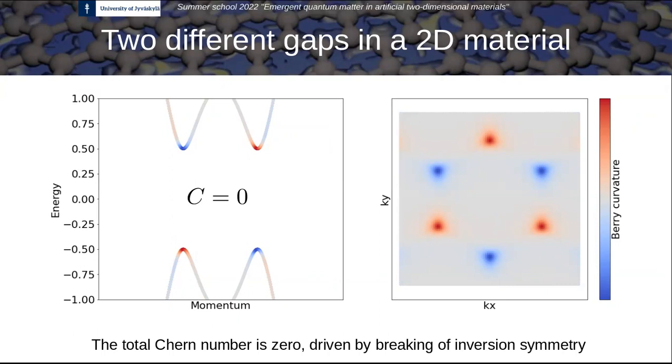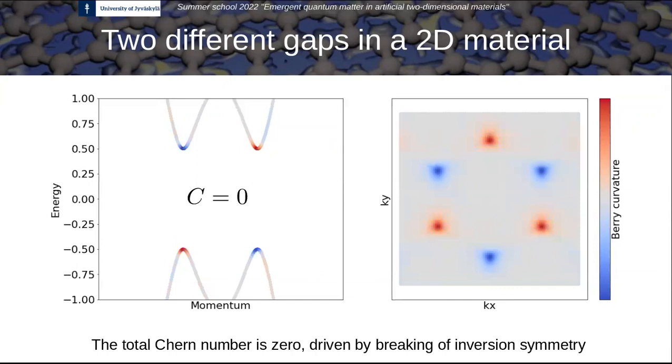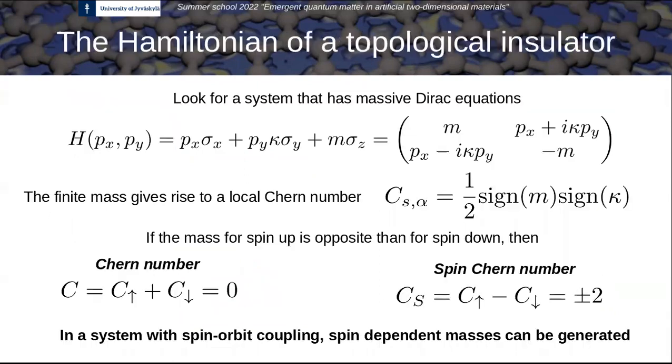So having a Berry curvature that is spin dependent is something that can be engineered by spin orbit coupling, and that is driven by spin orbit coupling. And having a Berry curvature that changes between valleys is something that is driven by an electric field in a bilayer graphene or by a sublattice imbalance in a monolayer graphene.